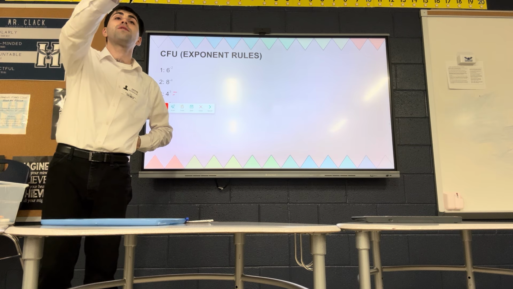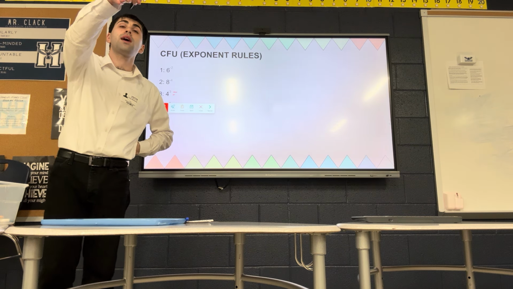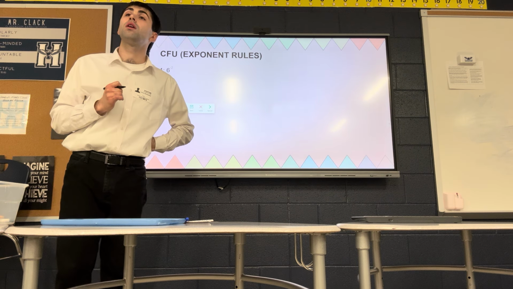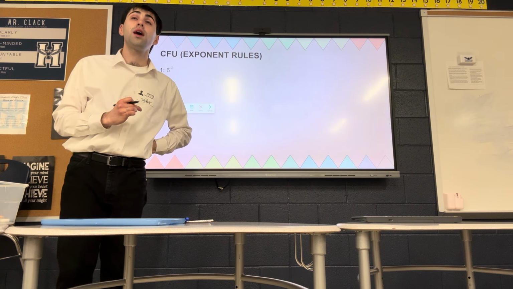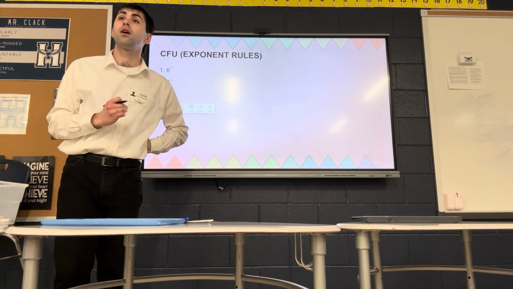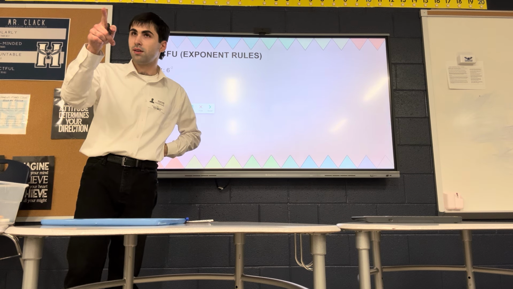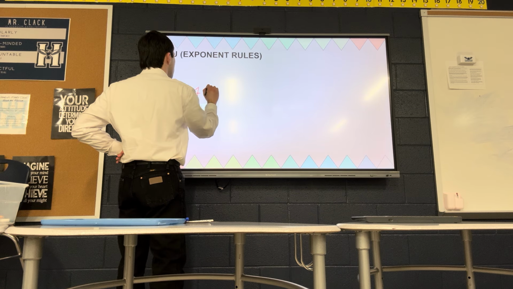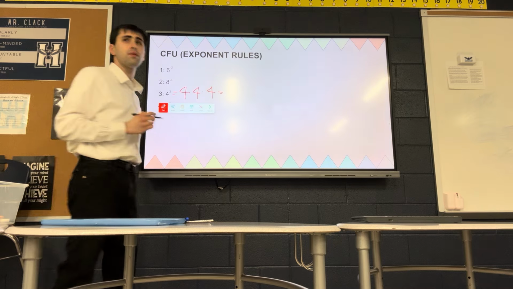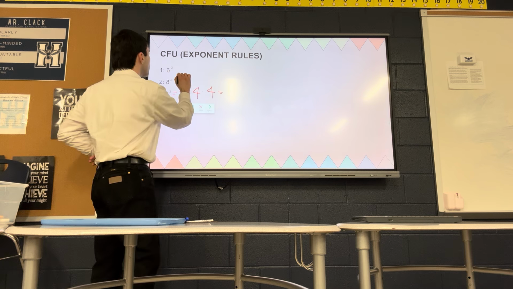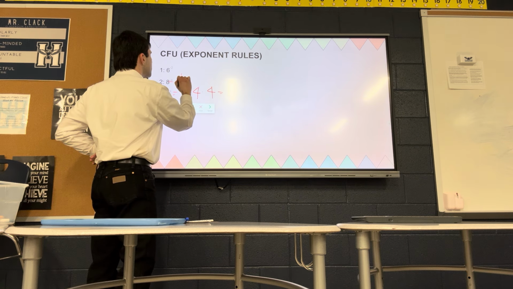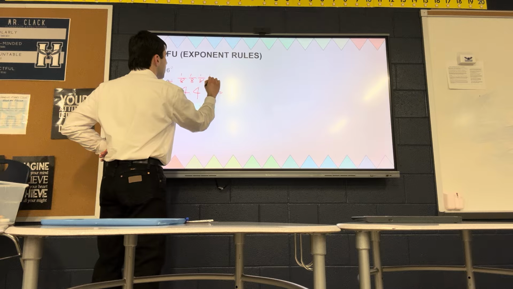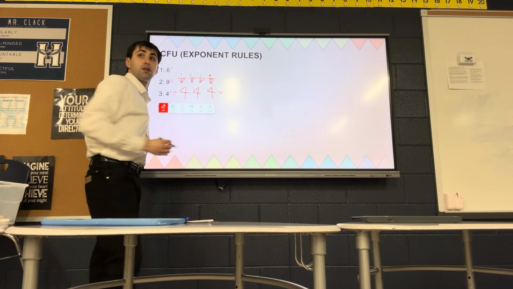What is 4 cubed? 4 to the 3rd, it's 64. 4 times 4 times 4. And you see how with the negatives we just flipped it?